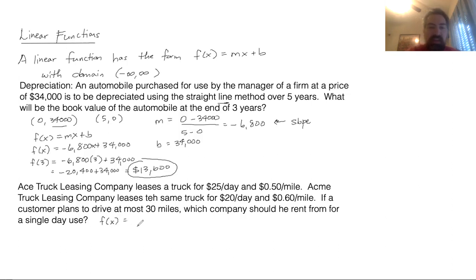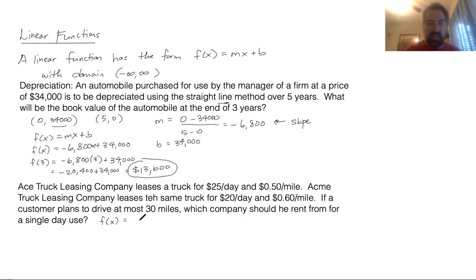So can we find a function for the Ace Truck Leasing Company? Well, we know that it's a flat $25 a day, and we're only talking about a 1 day rental in this particular case, right? So the flat rate rent is $25 a day, and then it's 50 cents per mile. You can think of that 50 cents as a slope. It's a rate of change, right? That amount is going to change based on how far you drive.